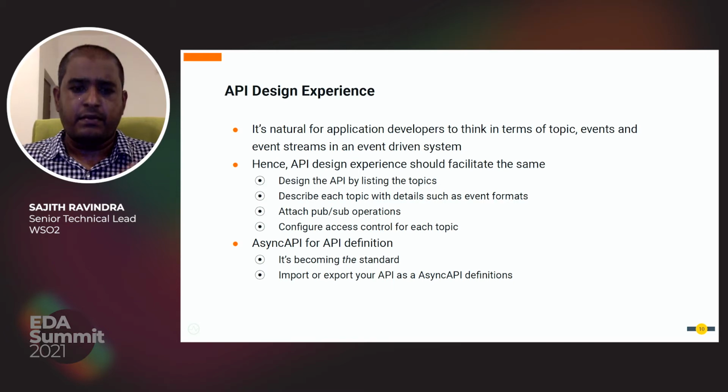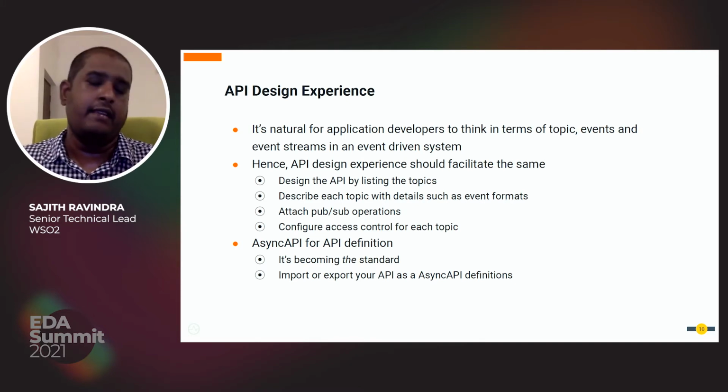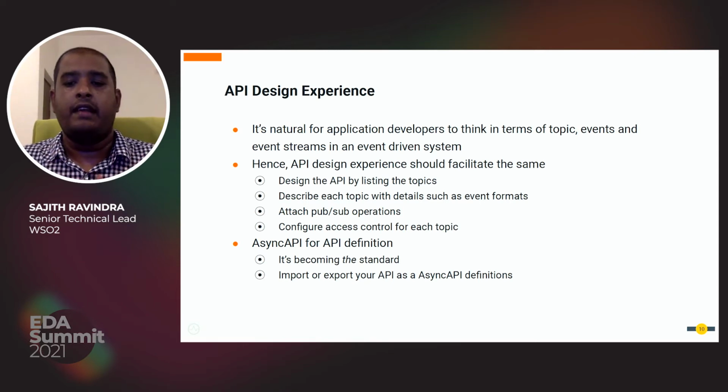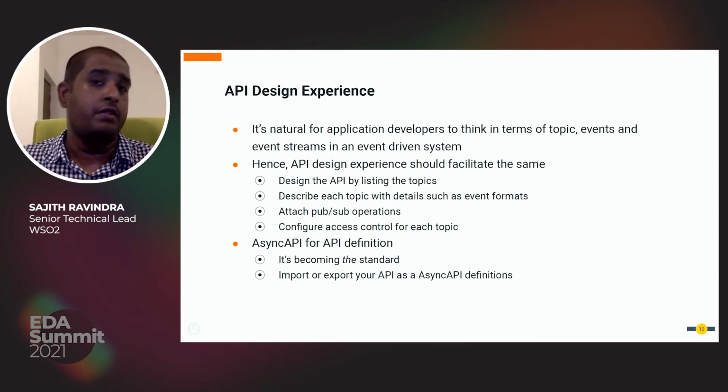And also the AsyncAPI initiative. AsyncAPI is something that is widely adopted and everyone tries to follow. So as part of your API design and development experience, it will be very beneficial to have AsyncAPI support. When I say AsyncAPI support here, for example, let's say you design your API and then you want to share it with someone else. How would you do that? You can very easily let your API development tool export your API as an AsyncAPI definition, right?